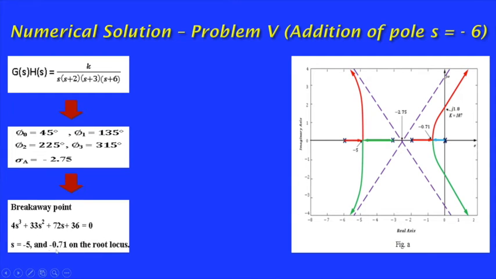From this equation we get 3 roots, but we only consider 2 roots, minus 5 and minus 0.75, because these 2 roots lie in the root locus. One is minus 5, another is minus 0.75. So these two are breakaway points.